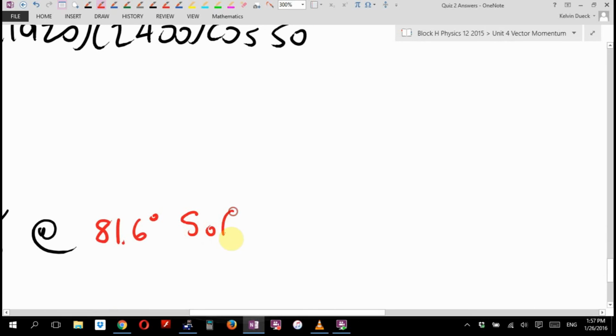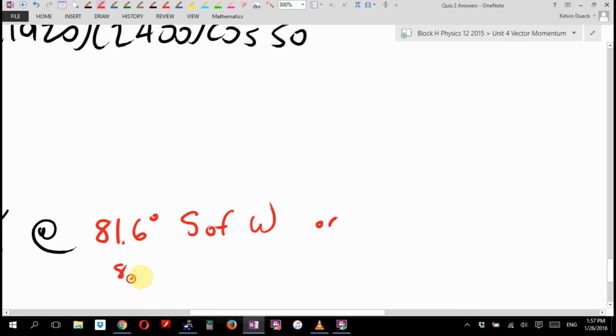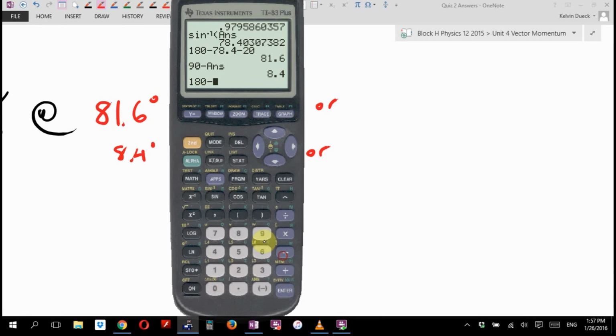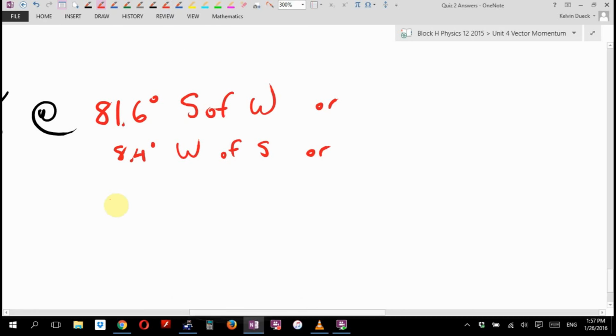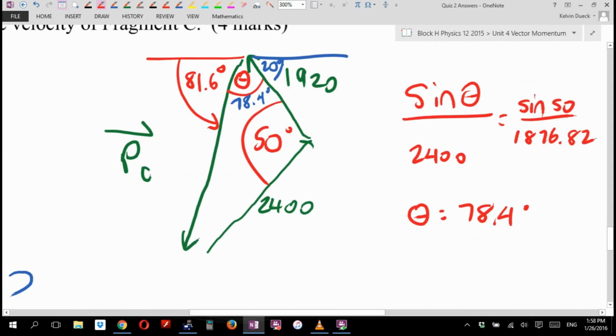Or I would take 8.4 degrees west of south, or, and this is technically wrong, but this is a tough enough question, I'll live with it, I would take 98.4 degrees south of east, which I guess you could argue would mean ending up past 90 degrees, which is what that green line looks like. Is that okay, Clay? You don't have to like it. This is tough.